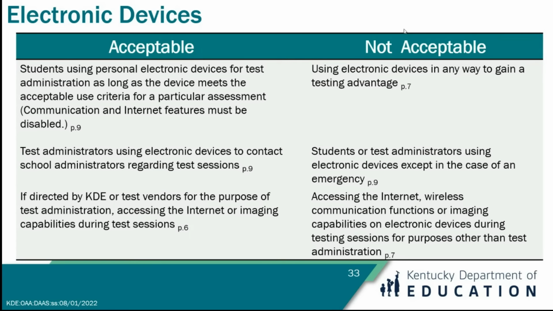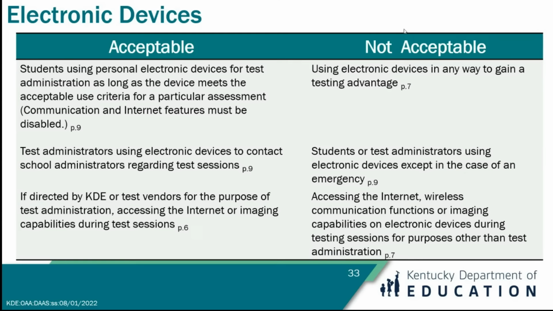Internet access is necessary for computer-based testing, but constant changes in personal technology make our job of maintaining a fair and unbiased testing environment harder. Using electronic devices or the internet is unacceptable to gain a testing advantage.